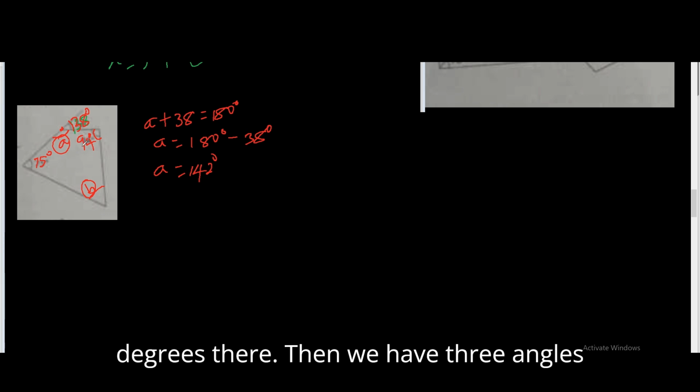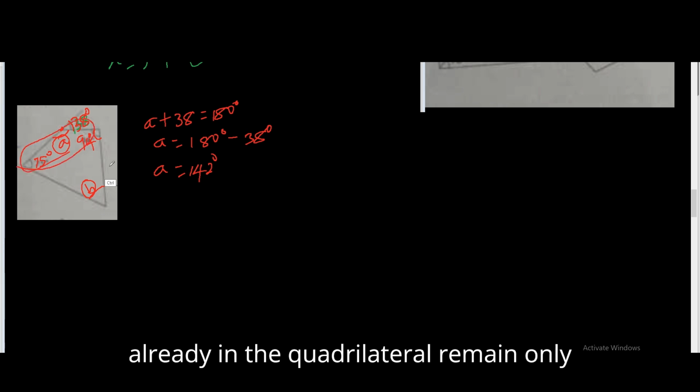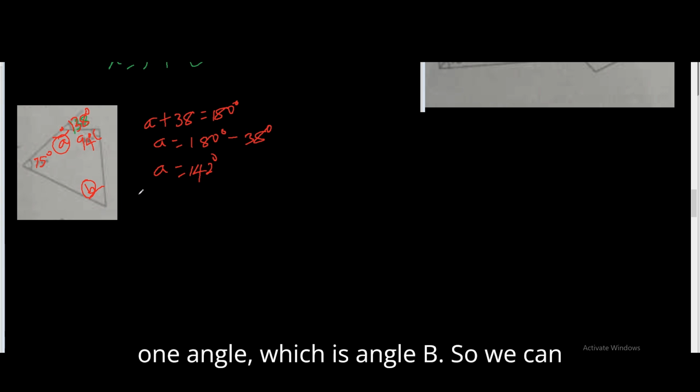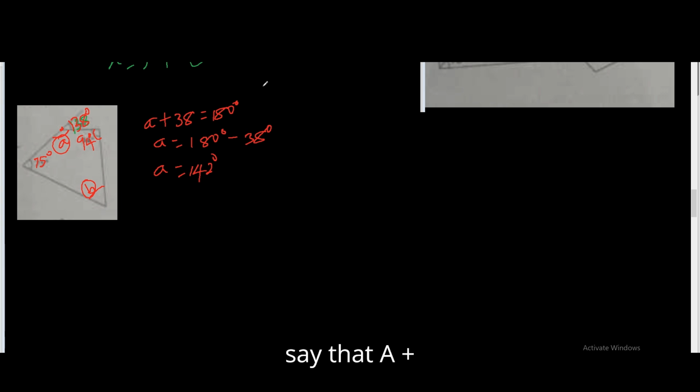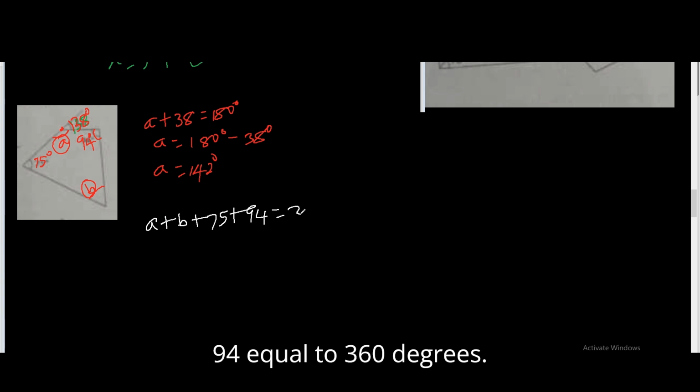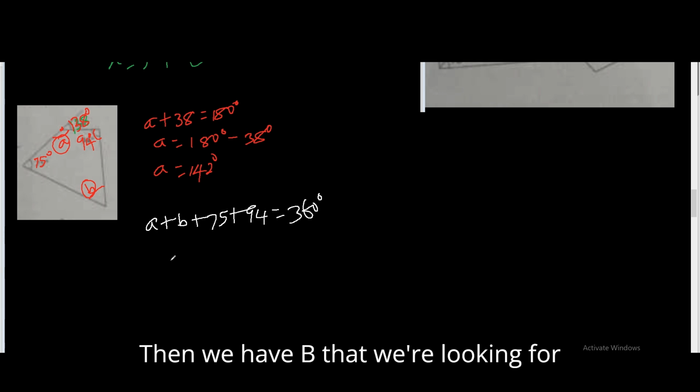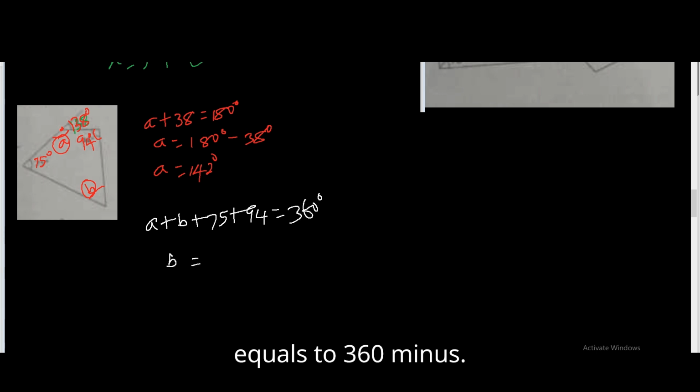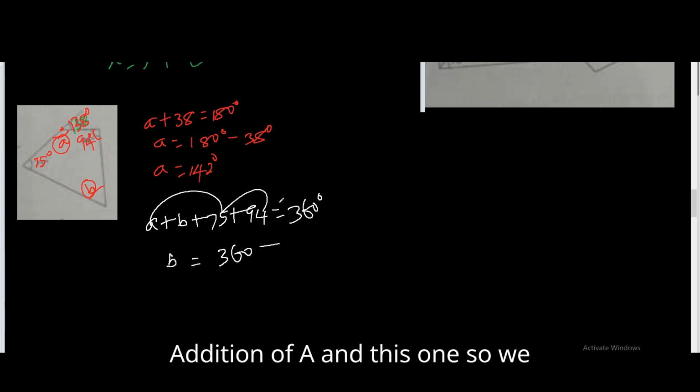Then we have three angles already. In the quadrilateral only one angle remains, which is angle B. So we can say that A plus B plus 75 plus 94 equals 360 degrees. Then B, which we're looking for, equals 360 minus the addition of A and these.